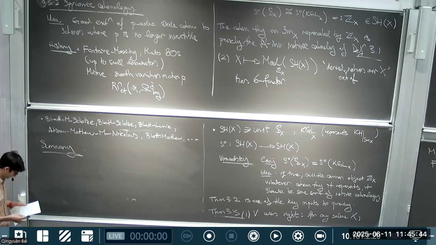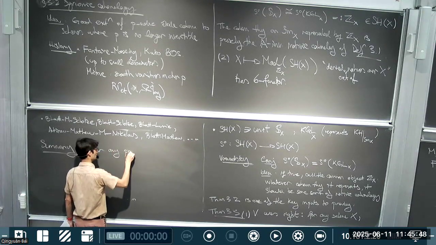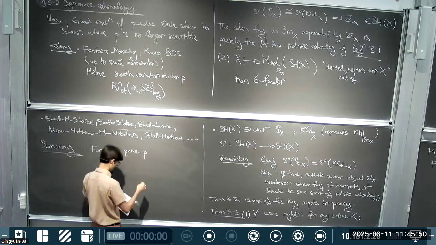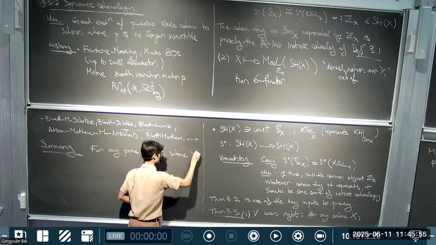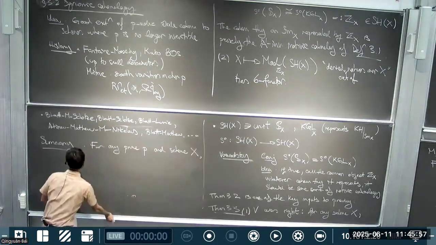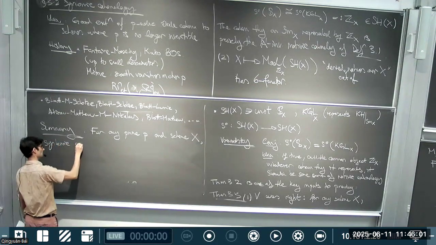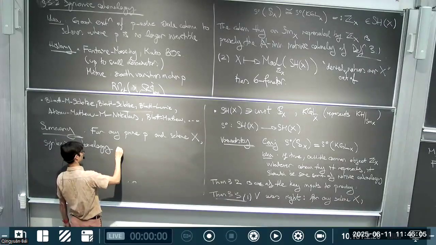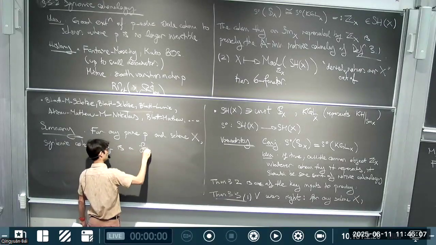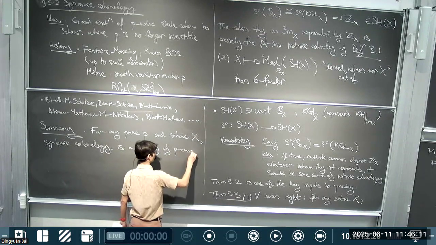So here's the summary. For any prime p and scheme X, what do I mean by syntomic cohomology? In its most basic form, it's a collection of p-complete cohomologies.